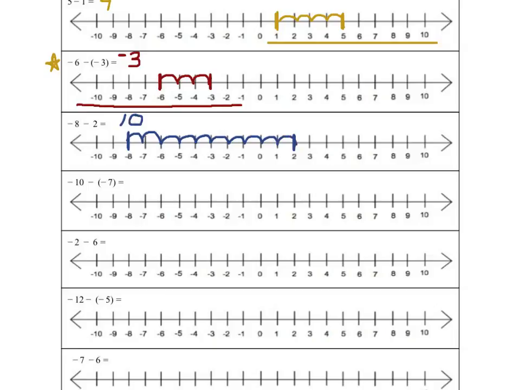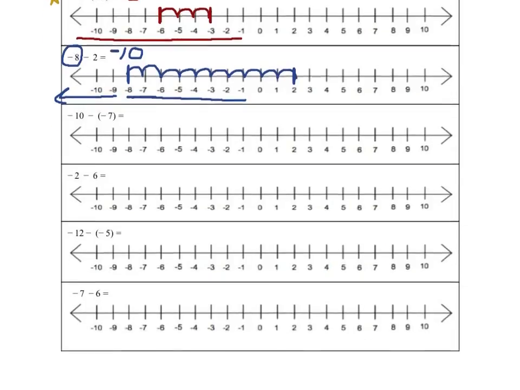Now I need to determine positive or negative. Well, the majority of my numbers are in the negative sign. The number with the larger absolute value is 8, which is negative. And if I were to think about starting at negative 8 and then subtracting, or losing even more, and when we lose we go to the left, logically it just makes sense that I would have the negative 10.